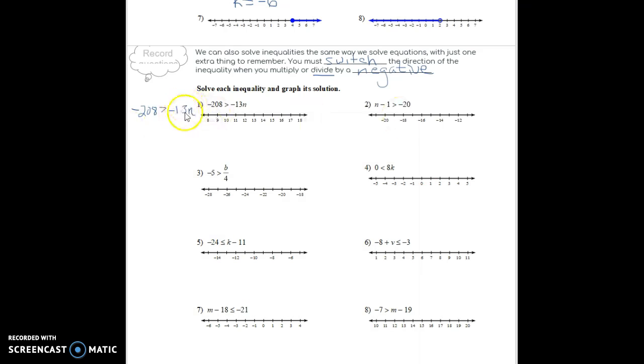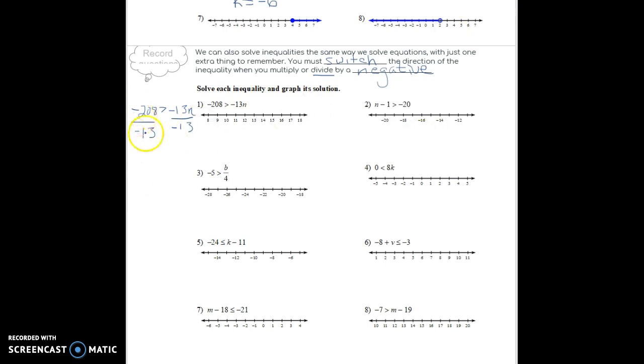This operation here is what? That is multiplication. The opposite of multiplication is, ladies and gentlemen, drum roll, division. So what am I dividing by? Oh, -13. Good job. So I'm going to divide both sides of this inequality by -13, just like it was an equation. No stress.